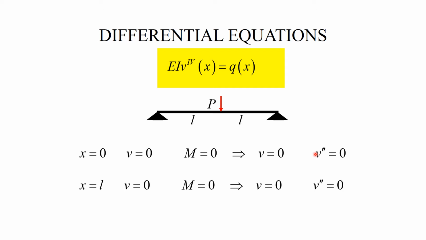I can also naively claim that in this problem q is equal to 0, and then this becomes the differential equation with 0 q and these boundary conditions. And it is very easy to check that v equal to 0 satisfies the differential equation and satisfies all boundary conditions.